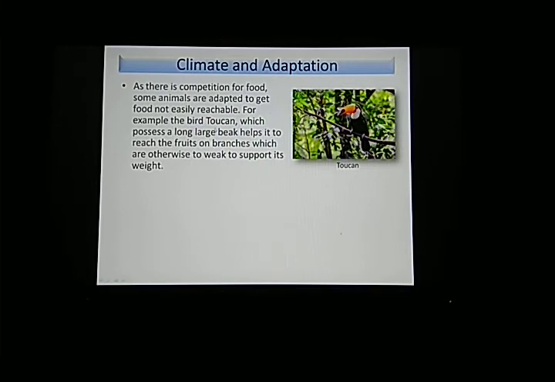Without even reaching that tiny branch, it can directly use its beak to reach that fruit, which is much higher or in such a position where the bird itself can't reach and sit on that branch and eat that fruit. So it can do it with the help of its beak.